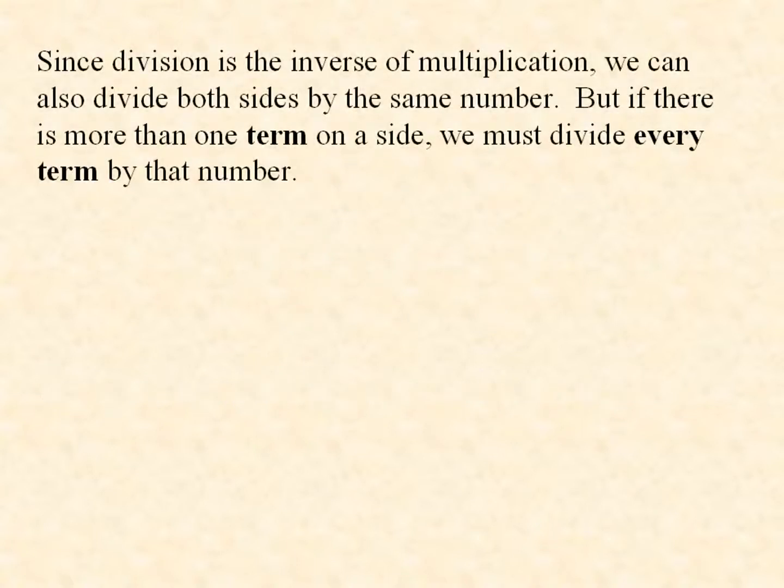Since division is the inverse of multiplication, we can also divide both sides by the same number. But if there is more than one term on a side, we must divide every term by that number. If we start with 6 equals 9 minus 3, and divide both sides by 3, it looks like this.